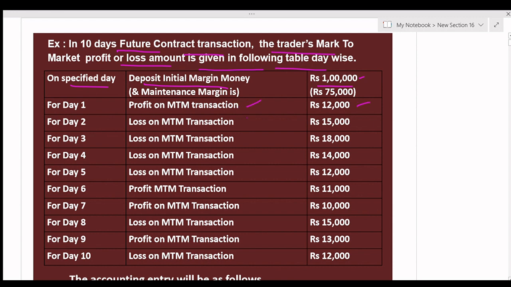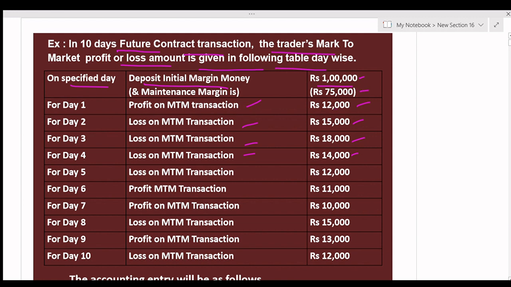Day 2, loss on MTM transaction is 15,000. Day 3, MTM loss is 18,000. Day 4, loss on MTM transaction is 14,000. And you see that the maintenance margin is rupees 75,000, and this should be maintained.